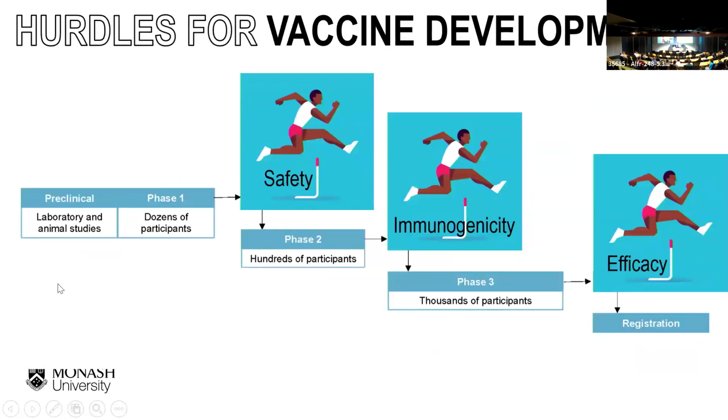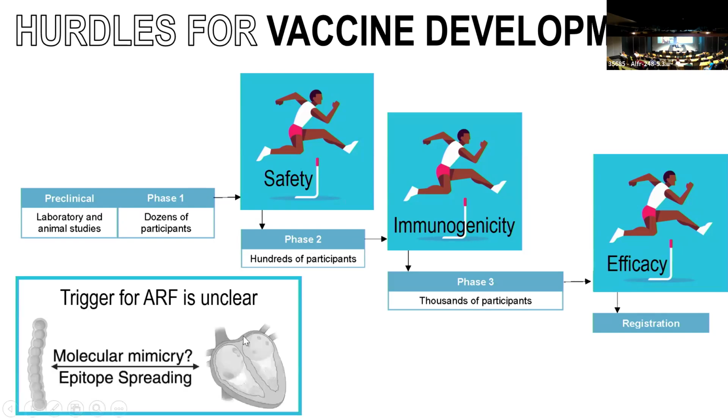So this is a schematic showing a simplified version of the clinical trial pathway from phase 1 through to registration. And I've highlighted these various different hurdles along the way. The first being safety. The unique thing about Strep A vaccine development is that risk of rheumatic fever and that historical concern that a vaccine could trigger the disease we're trying to prevent.